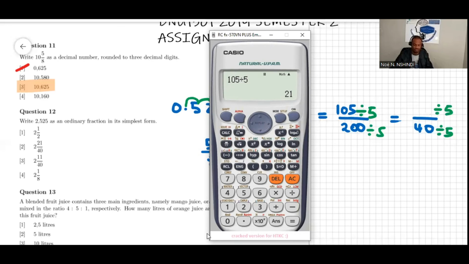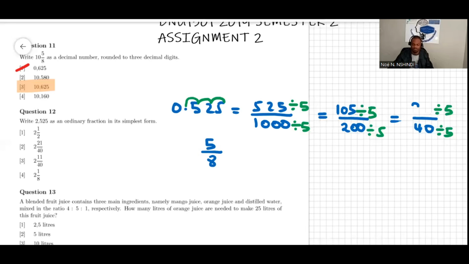And 21 we cannot divide by 5, so we stop there. It's 21 over 40. Therefore the correct answer is 2, the integer part, and then 21 over 40. So the correct answer is alternative 3.